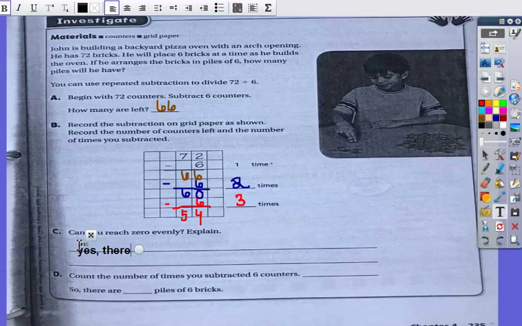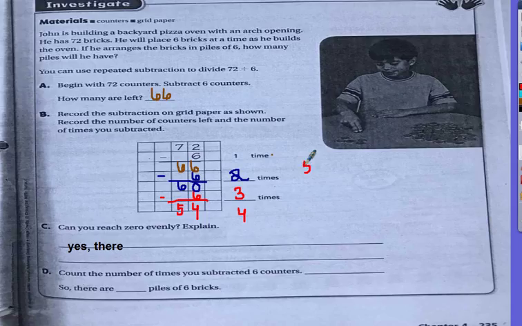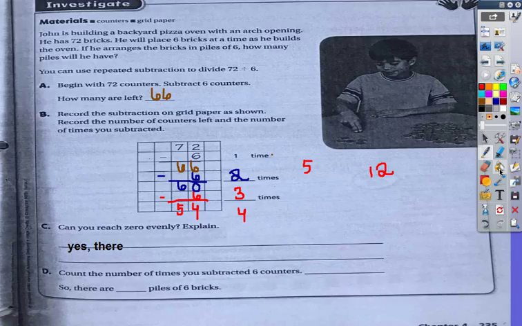So if we were to keep doing that, just keep subtracting and keeping track of the times, so 4 times, 5 times, the number when you finally get to 0, which you will after you've done it 12 times. So I'm going to come down here.